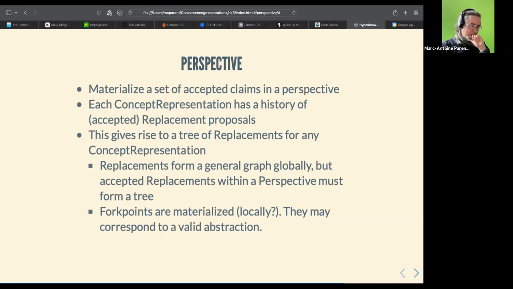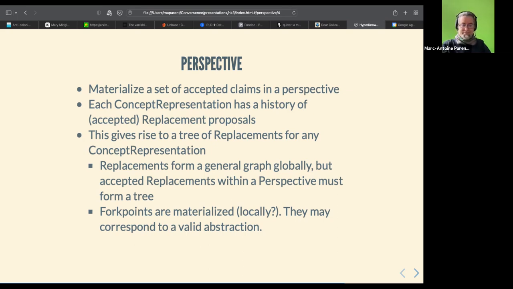Now, this is especially important when you're trying to be more precise about concept representation, and you're saying there's this refinement and that refinement, and we're not sure which. So that creates a fork point, and I would materialize that fork point. And I'm saying locally, question mark. I think locally because outside of perspective, in the grand federated view of everything, it's a generalized graph.